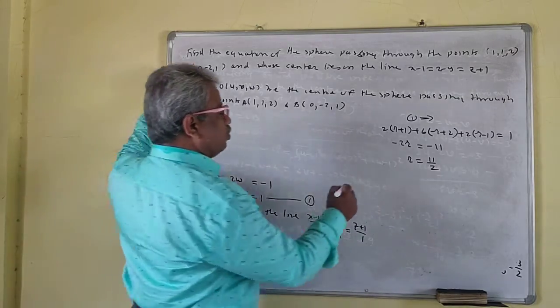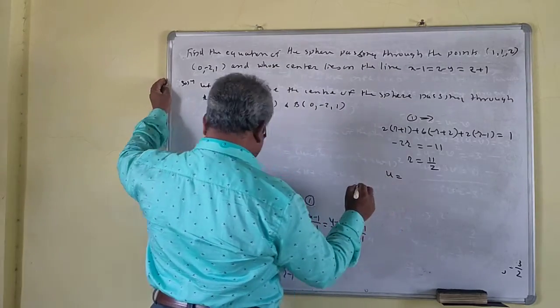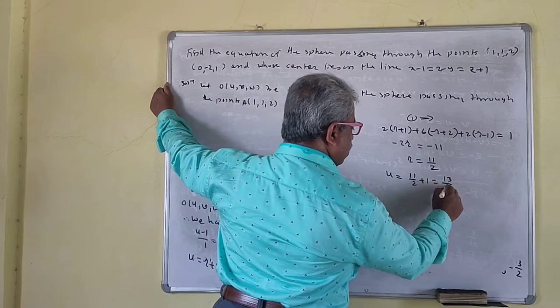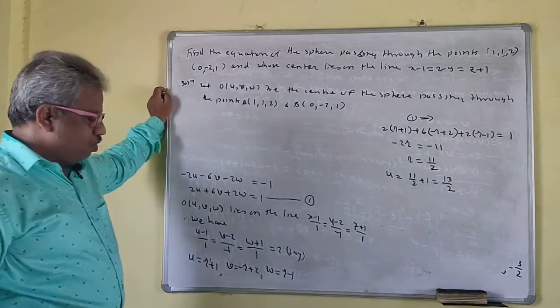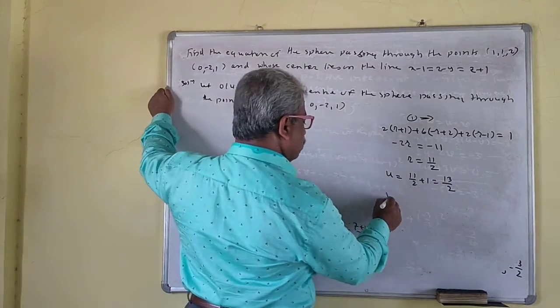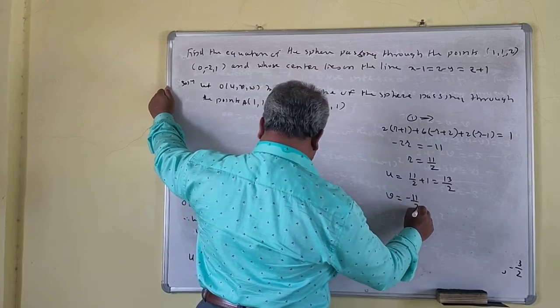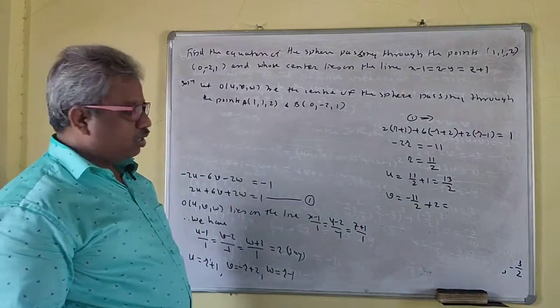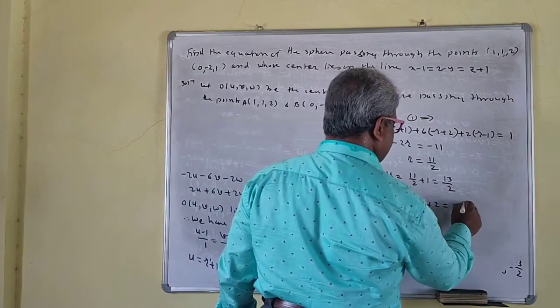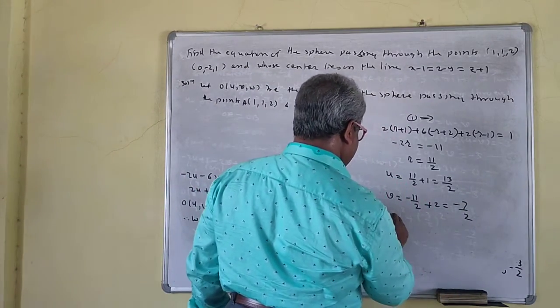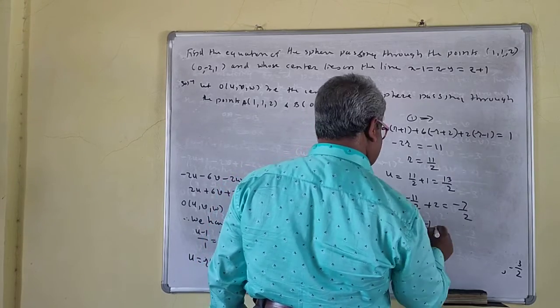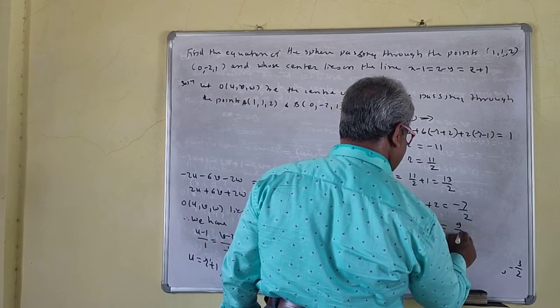So r is 11 by 2. Now u is equal to r + 1, 11 by 2 plus 1, which is 13 by 2. Okay, so v is equal to -11 by 2 plus 2, so (-11 + 4) is -7, so -7 by 2. And w is equal to 11 by 2 minus 1, which is 9 by 2.